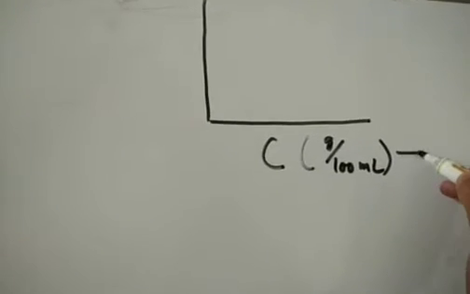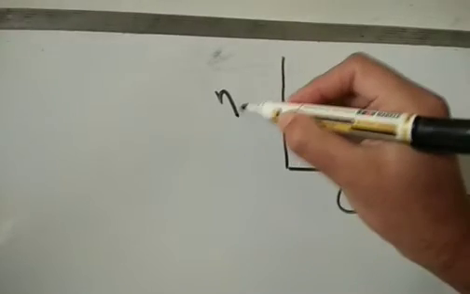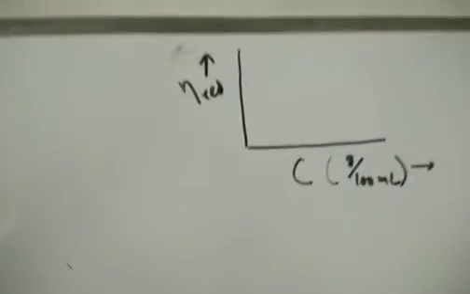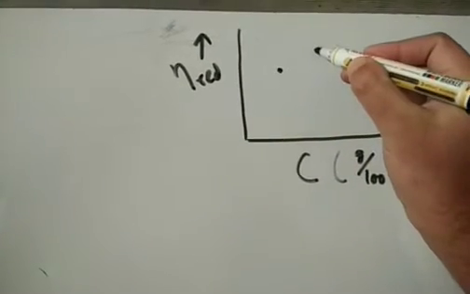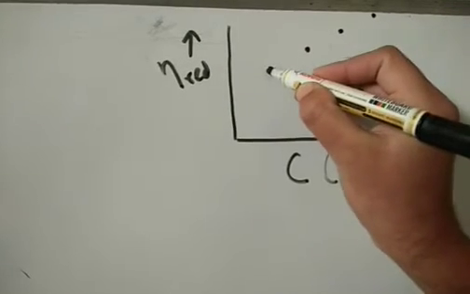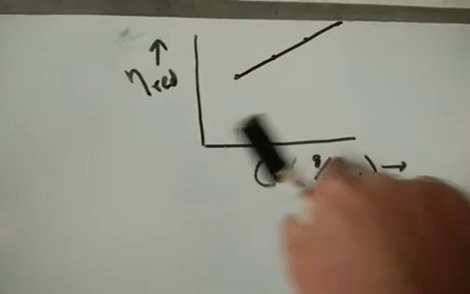You are varying the concentration, and on the y-axis you are checking the reduced viscosity. If you plot this for various concentrations, for example 2, 3, you can see a regular increase. With a regular increase in concentration, the reduced viscosity increases.